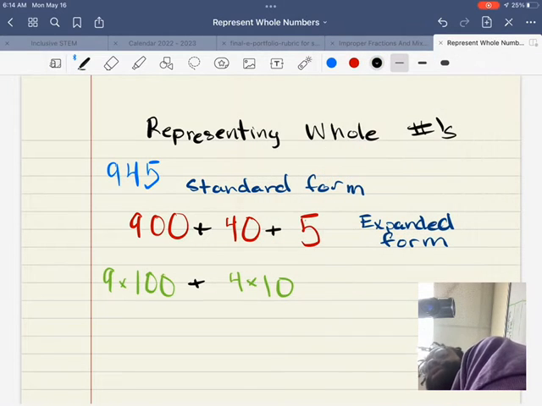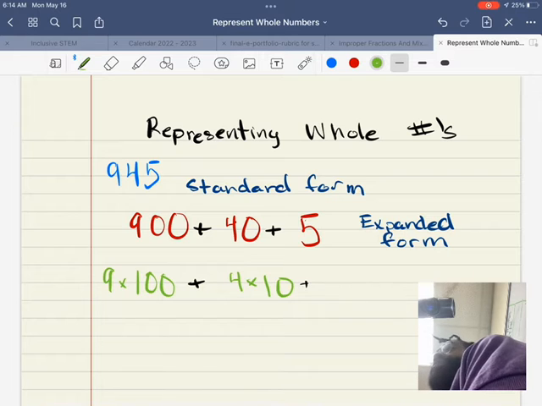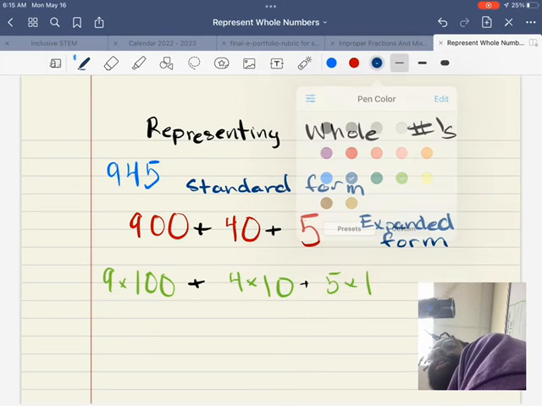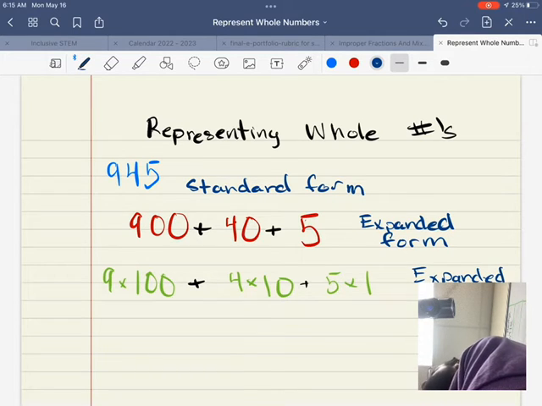So 9 times 100, 900. 4 times 10, the tens place, is 40, and then that's the ones place, so we will then do 5 times 1. So again, you see, very similar to what we have above in the expanded form, but we're adding a layer showing that if you multiply, you can break apart those numbers even more. This is expanded notation.